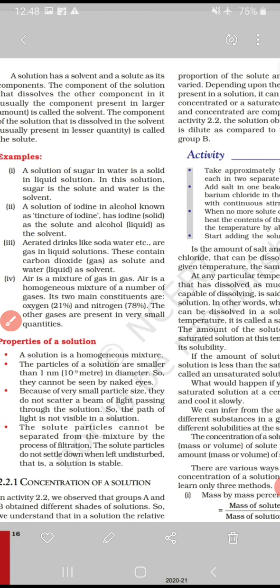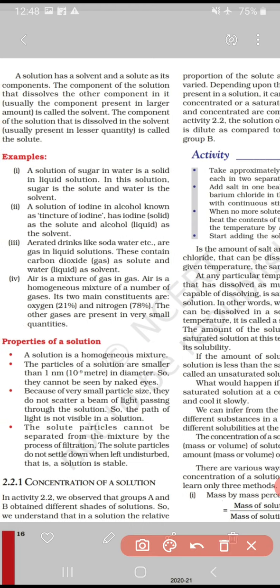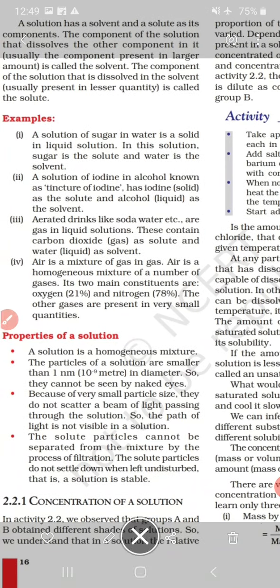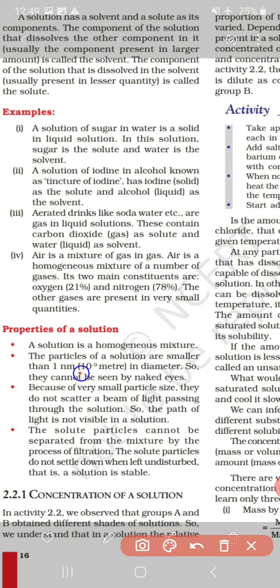Okay. Now here are the properties of a solution. A solution is a homogeneous mixture. Solution क्या है? Homogeneous mixture. The particles of a solution are smaller than 1 nanometer. पार्टिकल्स इतने स्मॉलर हैं कि उनका डायमीटर less than 10 to the power -9 meter है. Because of very small particle size, they do not scatter a beam of light.